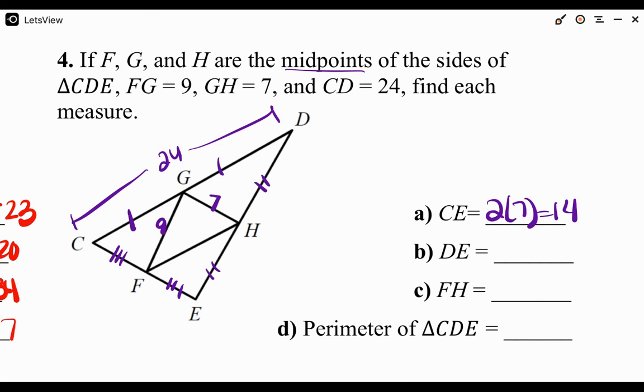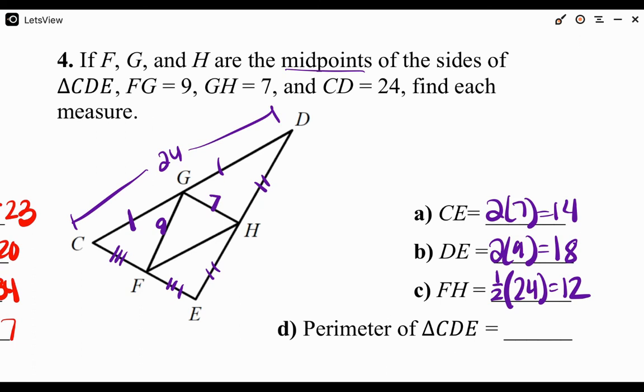DE is going to be twice its midsegment, so 2 times 9, which gives us 18. FH is going to be half of its segment on the opposite side, so take half of 24, which is 12.